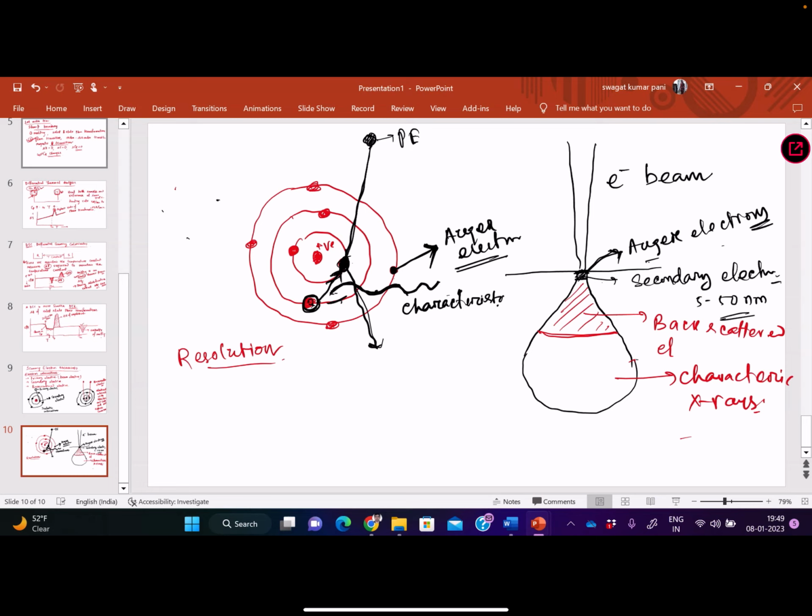So what is resolution? What is the definition of resolution? Smallest distance between 2 points that can be resolved.